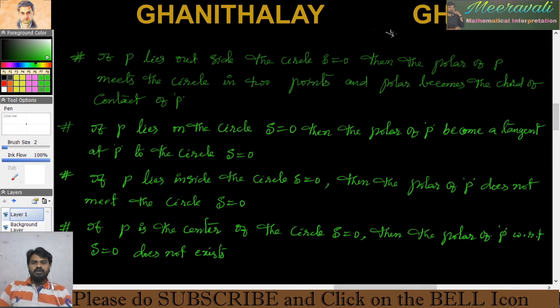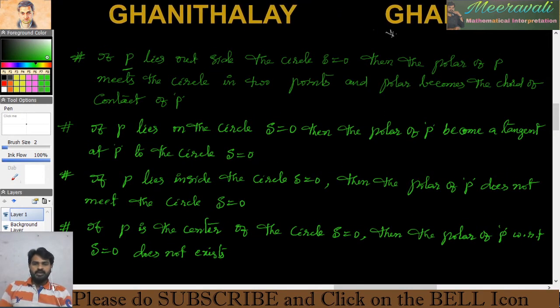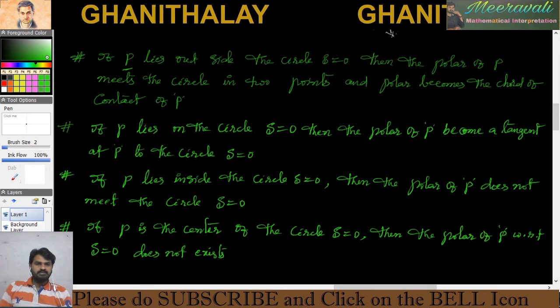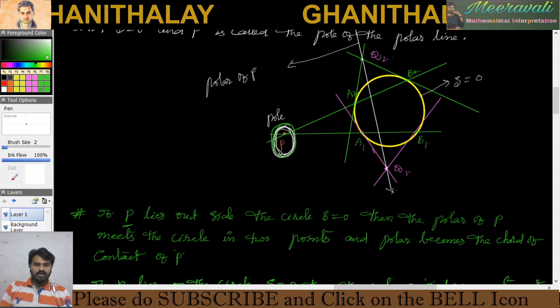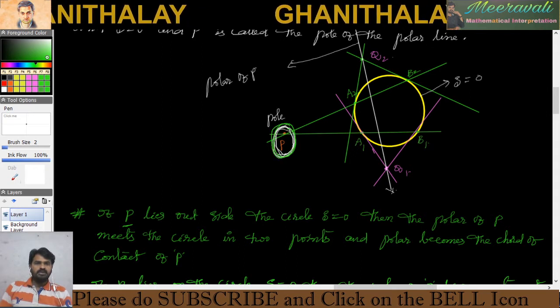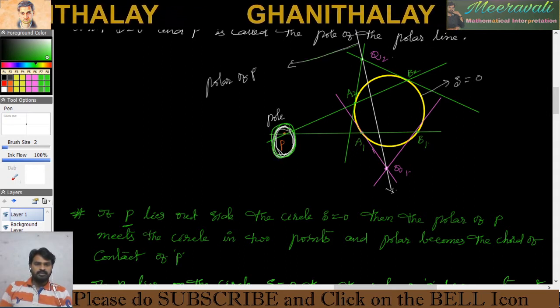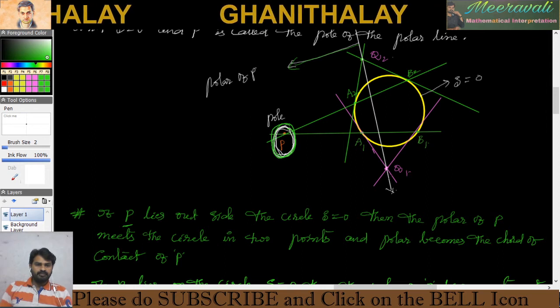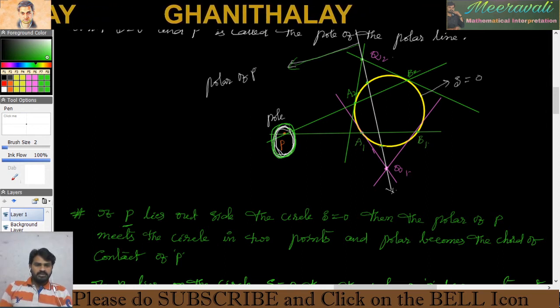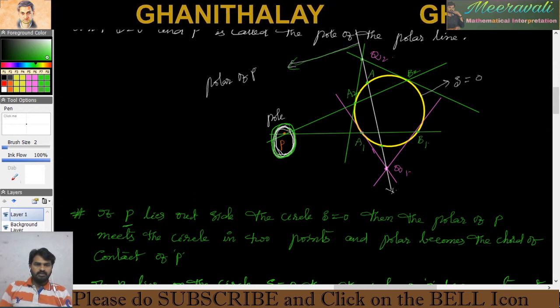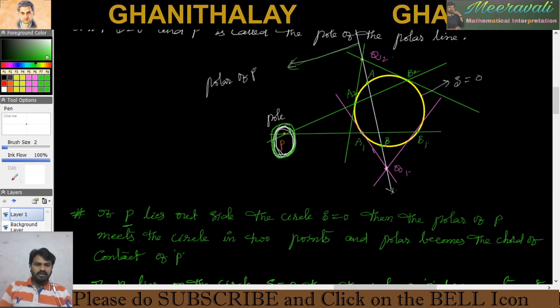If you take a point P outside the circle, like that, now this polar will intersect the circle in 2 points. So this polar meets the circle in 2 points, that is A, B.